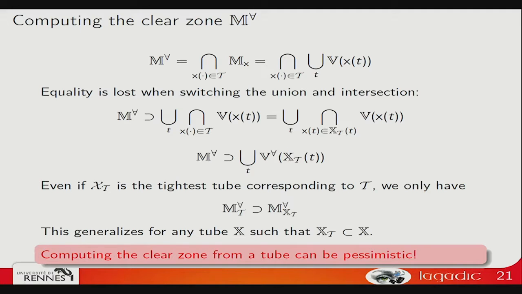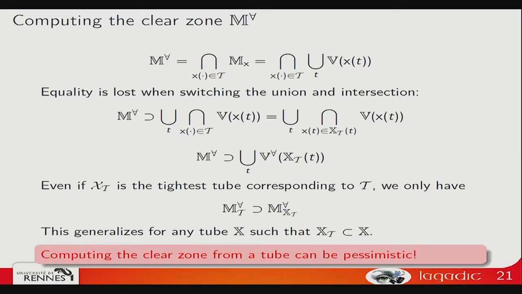And if we put it in terms of the visible zones, we have this intersection of union, and we cannot invert both while keeping the equality, so we only have an inclusion here if we switch.